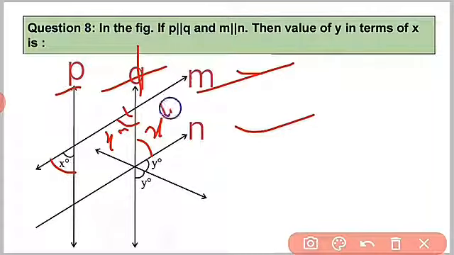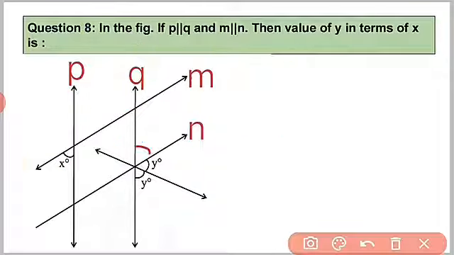So this angle will be x degrees. So what we got? We got this angle as x degrees, as this angle and this angle were corresponding angles, and if M and N are parallel and Q is a transversal, so this angle and this angle will be equal as they are alternate interior angles.